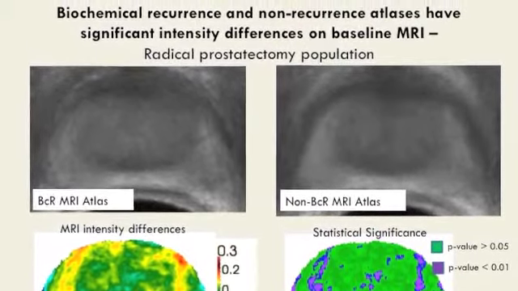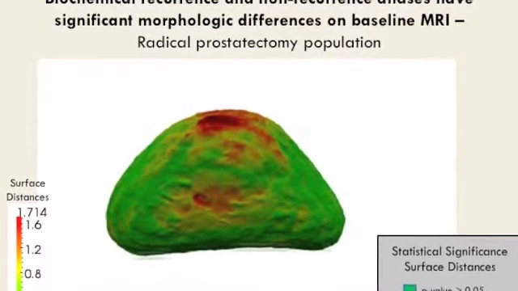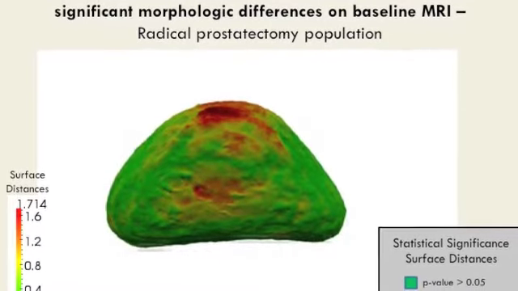So we had patients who we knew had PSA failure or biochemical recurrence within 5 years of surgery from patients who did not. So what Mirabella did was to create 2 atlases. She created one atlas for patients who had biochemical recurrence within 5 years and another atlas for patients who did not have biochemical recurrence. And then what she proceeded to do was to create a difference atlas, a differential atlas. And again, I apologize because this movie will not play.